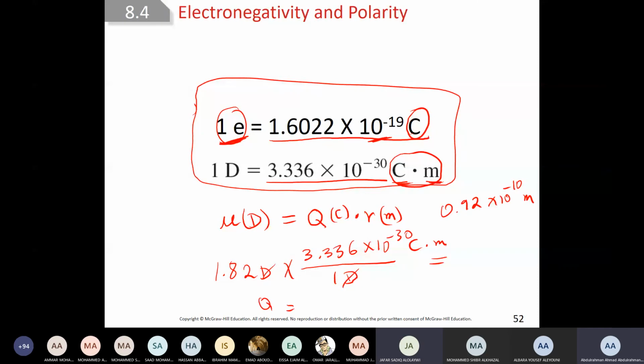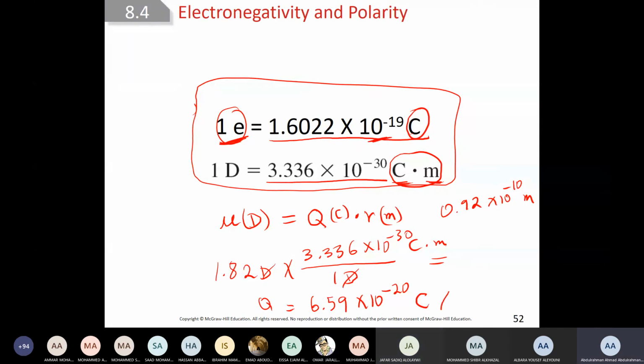It is 6.59 times 10 to the power minus 20. Very good. Who got the same answer? 6.59 times 10 to the power minus 20. What's the unit? Meter? No. Coulomb. Yes, Coulomb.